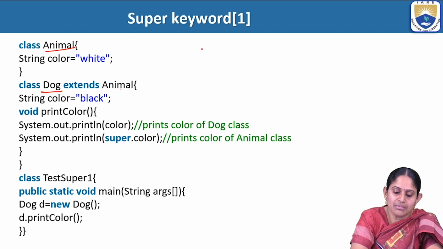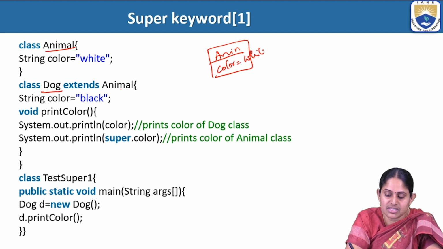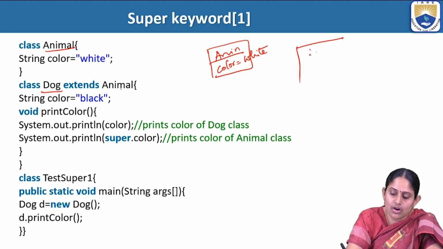In the animal class, we have the instance variable color which is white, and in the dog class the color is set to black.